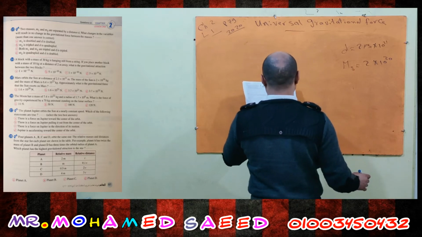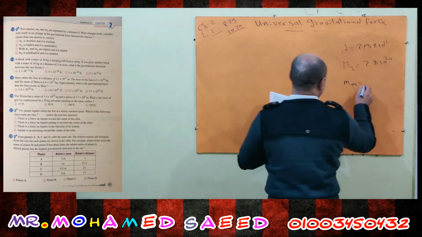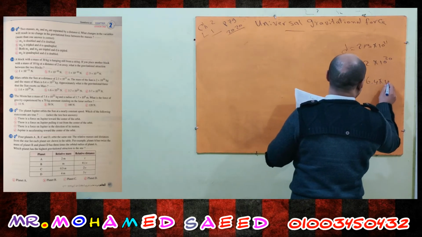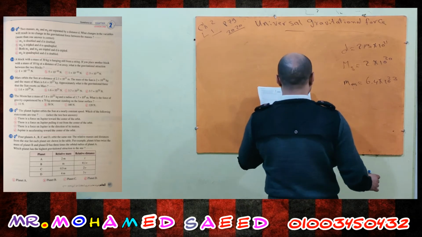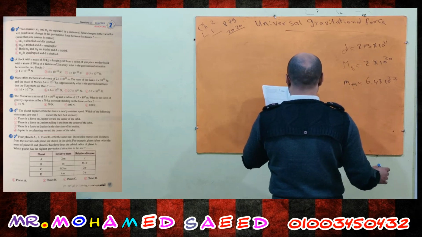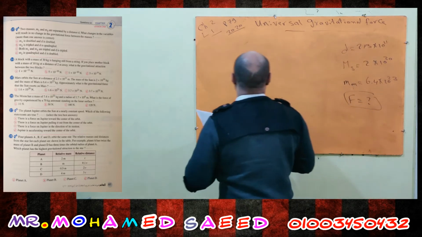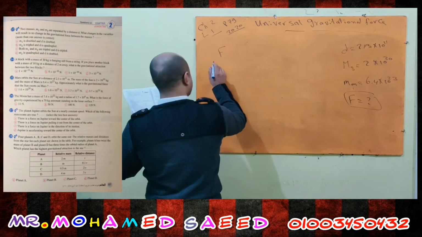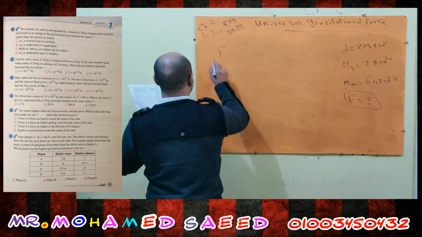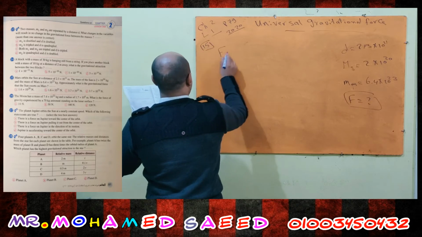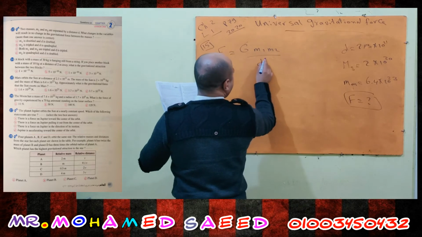And the mass of Mars is approximately 6.4 times 10 to the power 23 kilograms. What is the gravitational force that the Sun exerts on Mars? F equals what? F equals G capital M1 M2 over D square.